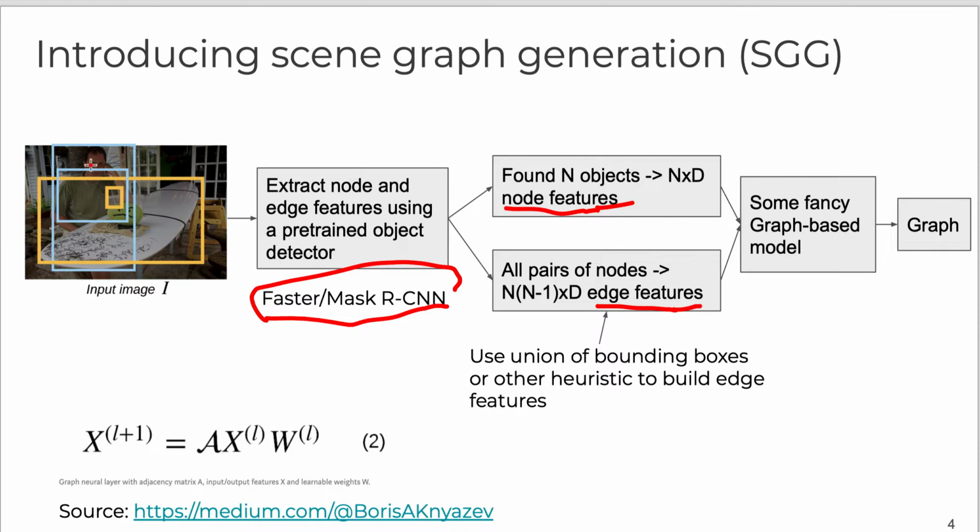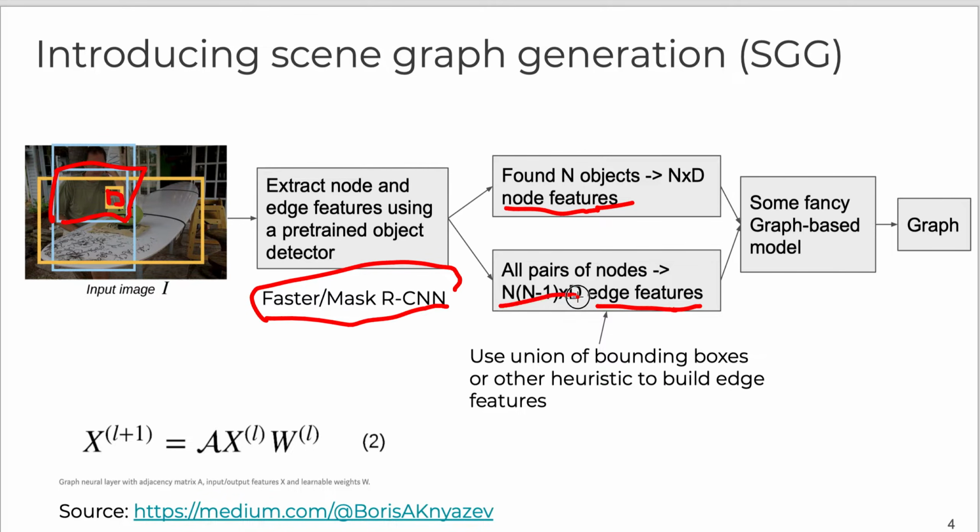So given two detected objects, for example, this yellow small box and maybe this blue box, then you compute the union of bounding boxes, and you perform average pooling of the feature maps in the same way to extract the edge feature.